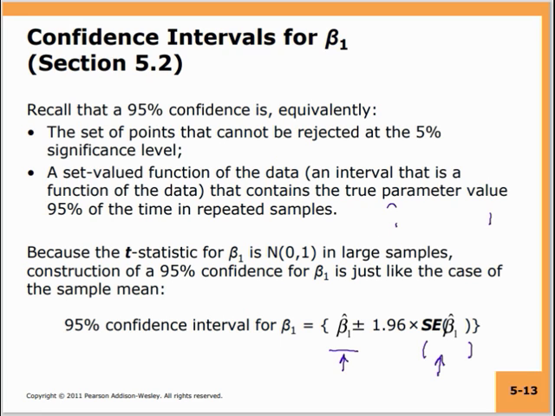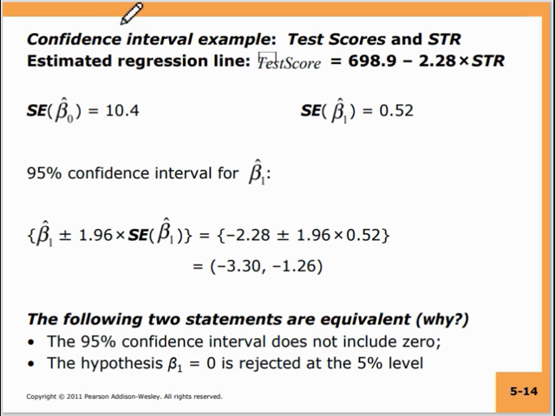Given that you know both these values, you can now say with 95% confidence what the range of values is which will give you the real relationship between y and x. And this is often a better way of understanding the relationship between y and x. So in this particular case, the test score hat is 698.9 minus 2.28 into STR.